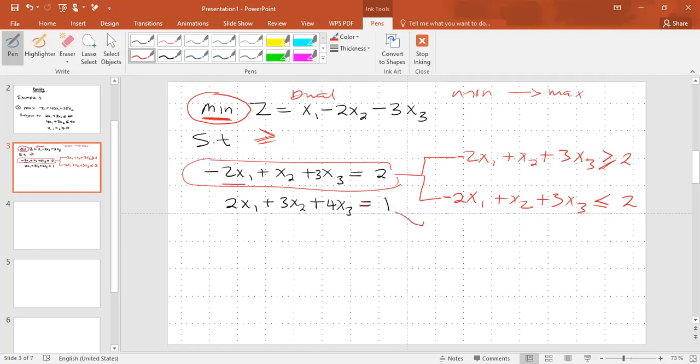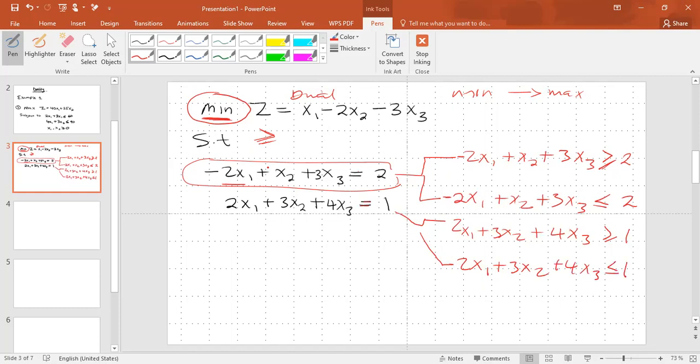So here we write 2x1 plus 3x2 plus 4x3 greater than or equal to 1. Then the second one is 2x1 plus 3x2 plus 4x3 less than or equal to 1.